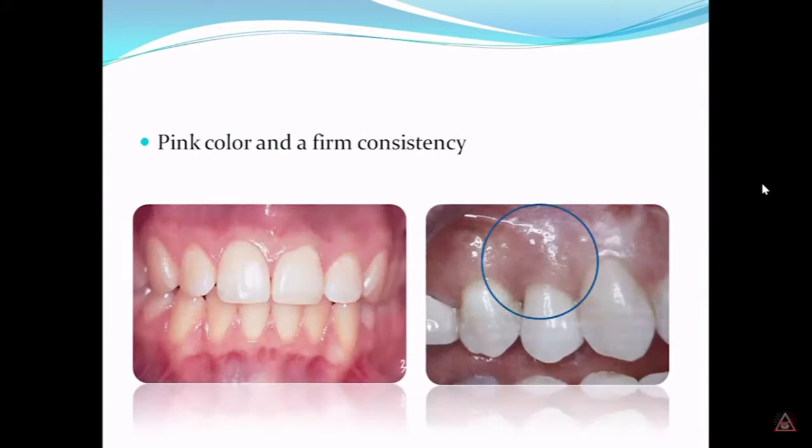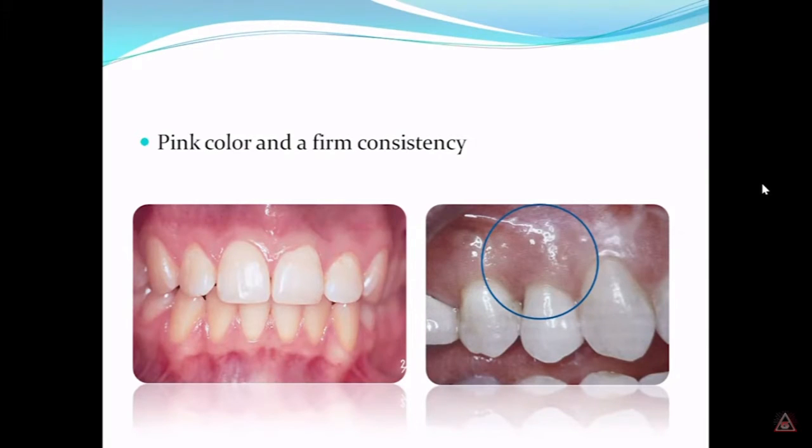If you see the color of gingiva and peri-implant mucosa, it's pink in color. So actually you cannot differentiate by looking, if the implant is placed properly, then you cannot differentiate between the gingiva around natural teeth and the peri-implant mucosa.